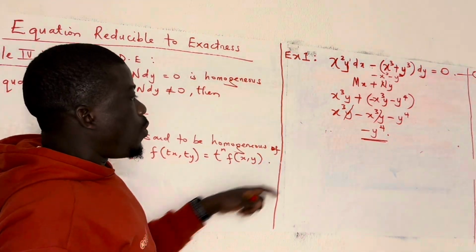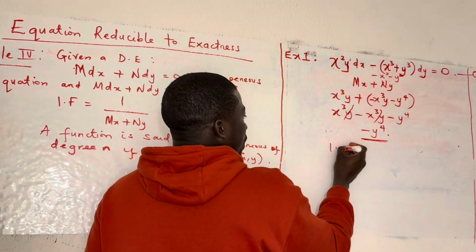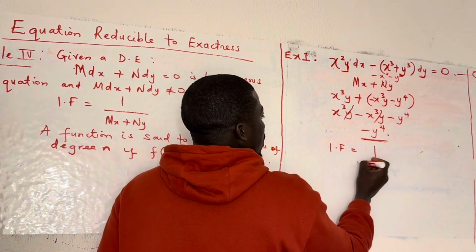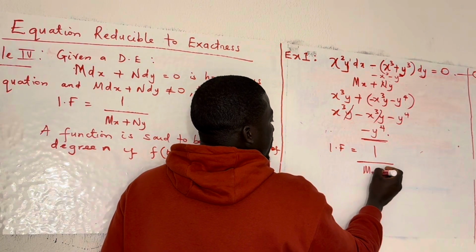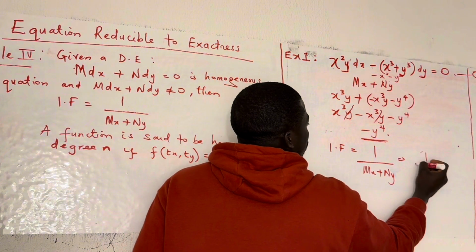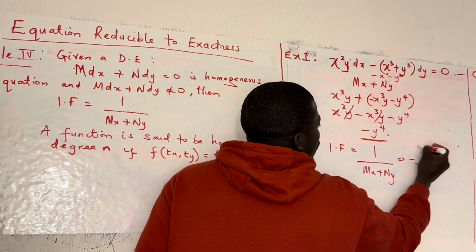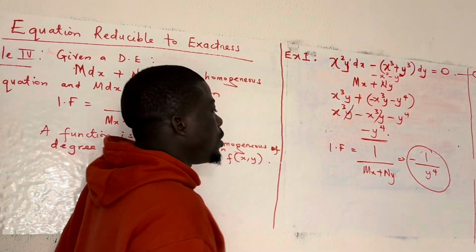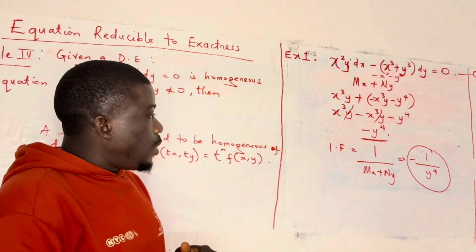So if we have minus y raised to power 4, then our integrating factor will be equal to 1 all over Mx plus Ny. That will give us 1 all over minus y raised to power 4. So our integrating factor is minus 1 over y raised to power 4.